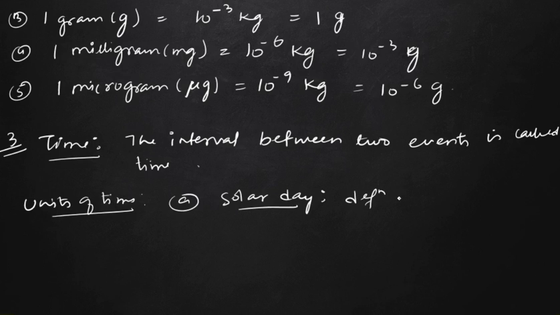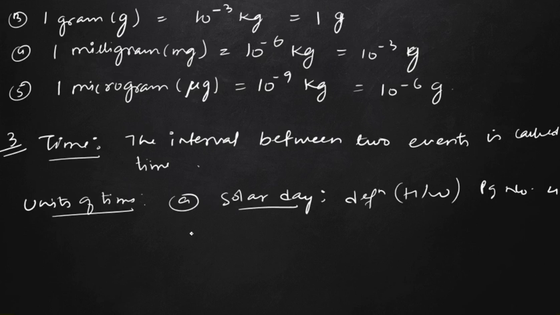The definition is homework, you can write it from the book, page number 4. And similarly we have the mean solar day. Mean means the average. So it is the average of the varying solar days when the earth completes one revolution around the sun. It is called the mean solar day.